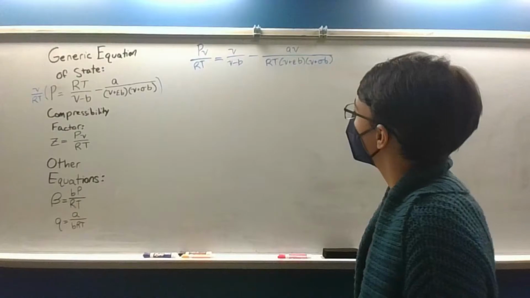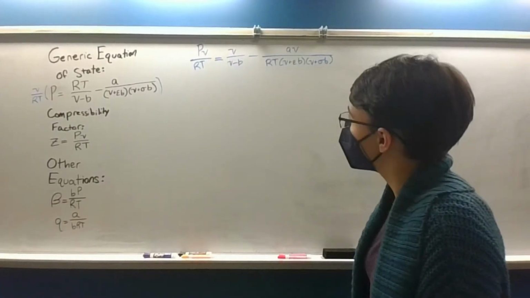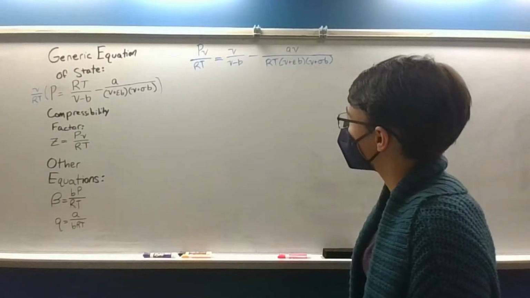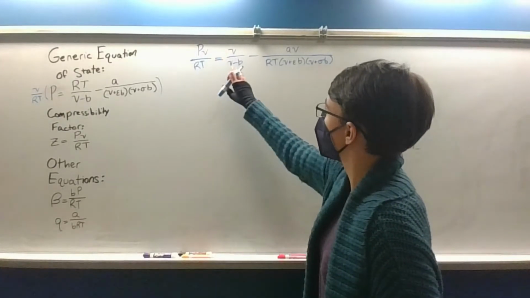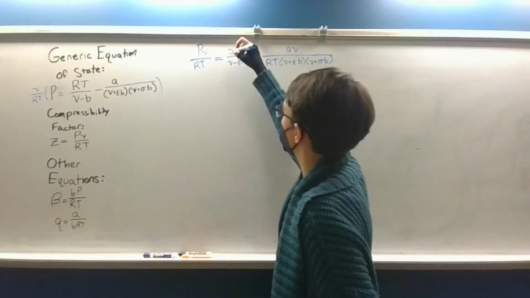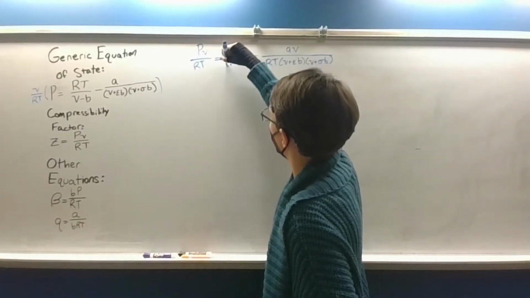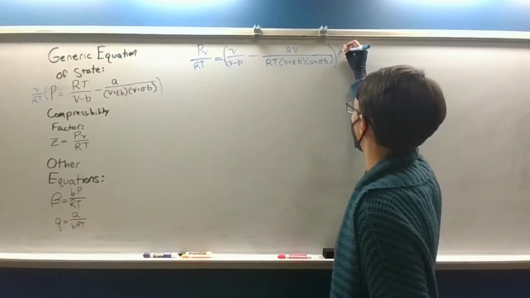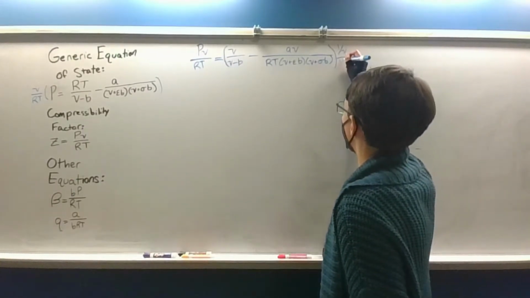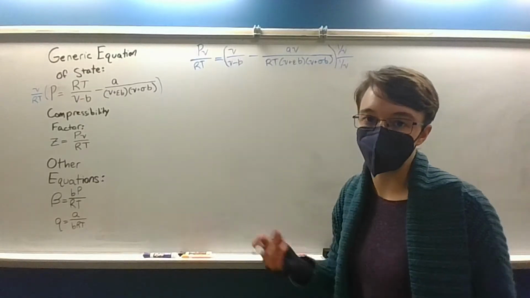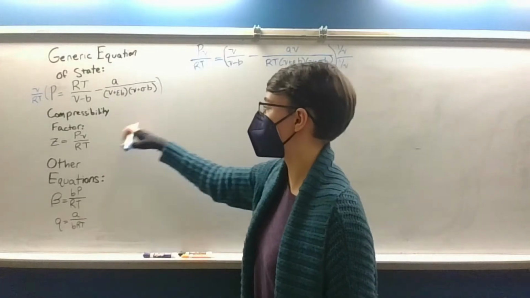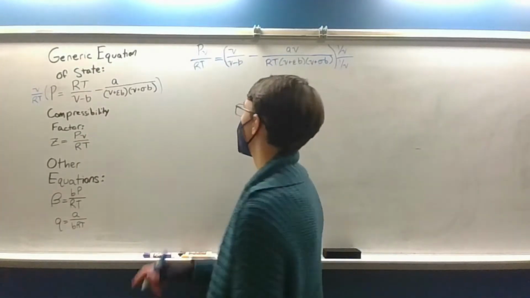Okay, the next thing we're going to want to do is multiply everything over here by a form of 1, which is 1 over specific volume times 1 over specific volume. This will just make it easier to see what we want to do next, and we can substitute this out for the compressibility factor.